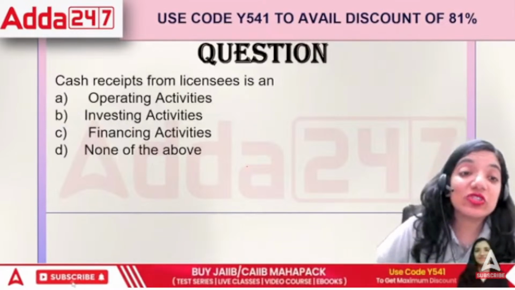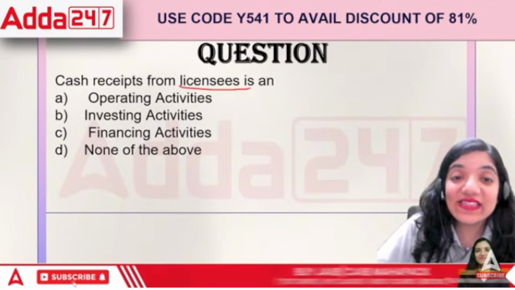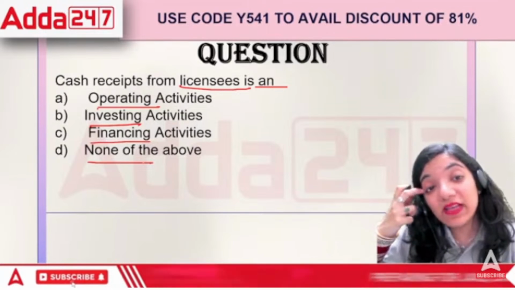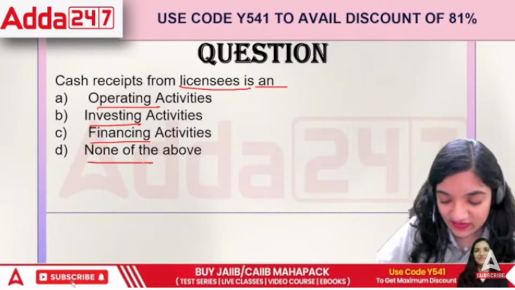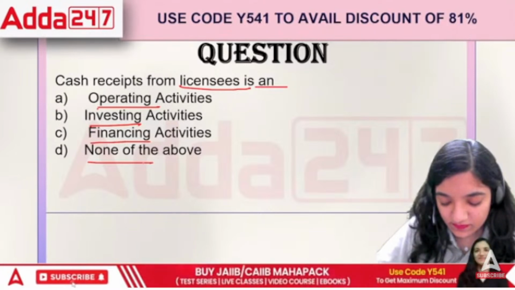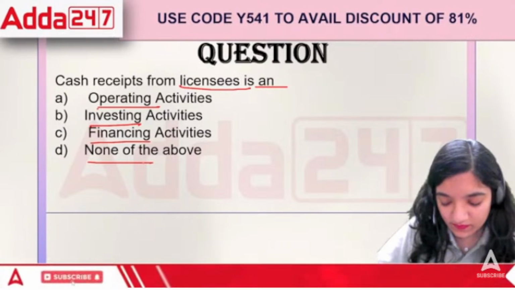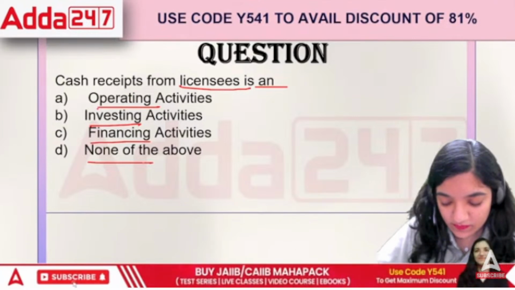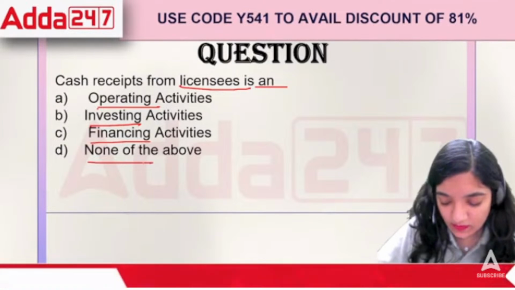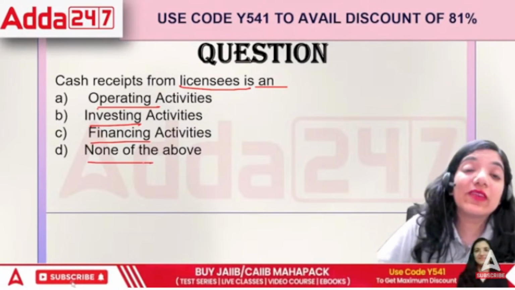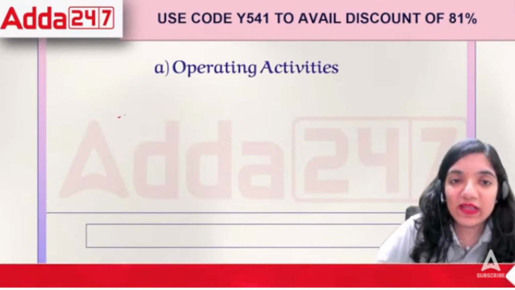Okay, here comes the next question. Cash receipts from licensees: is it operating, investing, financing or none? If we talk about licensees, it is basically an operating activity.